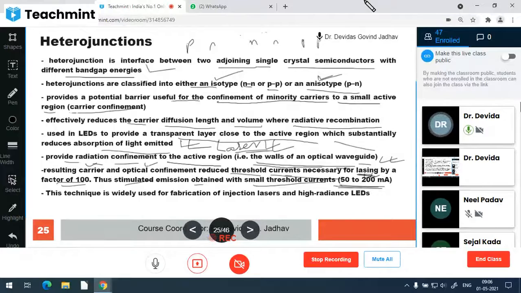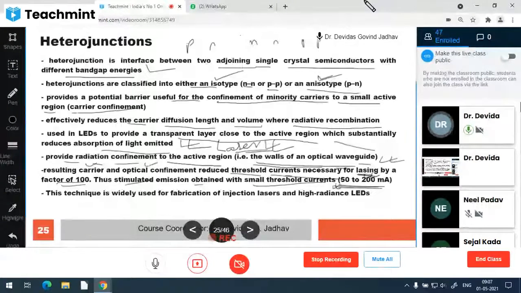If 5 ampere current is there, the device will become a very high power consuming device. 5 ampere devices are not there in electronics except power electronics, isn't it? Power electronics is a part of electrical and electronics. So it reduces a large amount of threshold current, making the device a low power device, and the losses are also reduced.